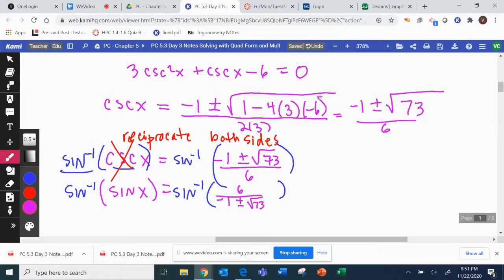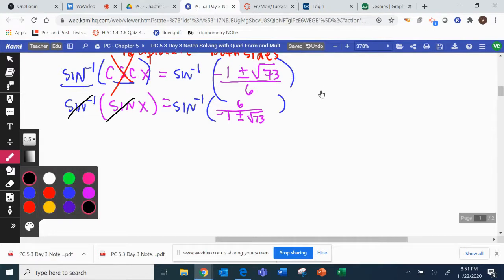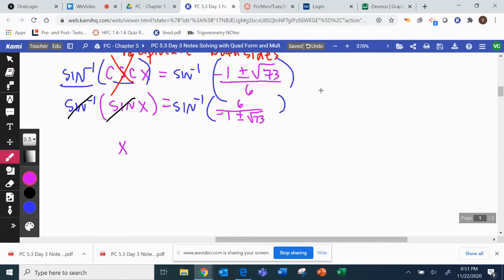73. I'm not going to worry about a square root being in the denominator. I'm not going to worry about anything like that. I'm just going to type it in the calculator to find x. So we're going to have two x's. We're going to have an x1 and we're going to have an x2.